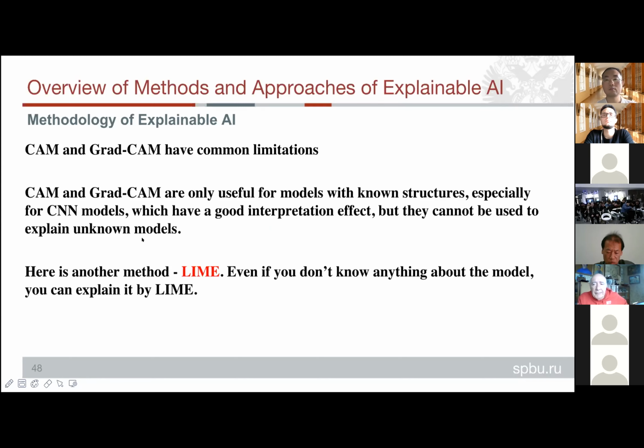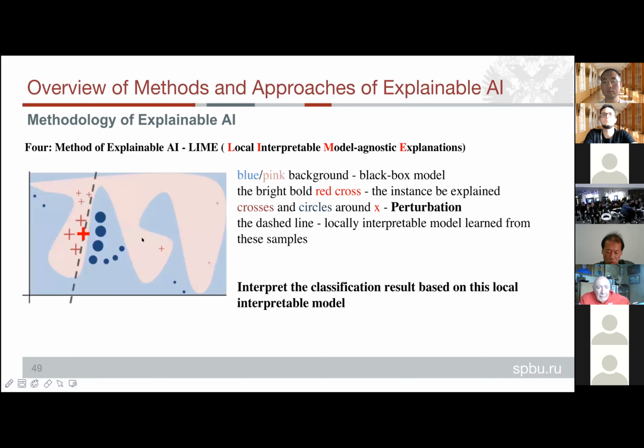Here is another method. It's called LIME, which is the last method in this report. Even if you don't know anything about the model, you can explain it by LIME. The red and the blue areas in this picture represent a complex classification model. It's a black box model.